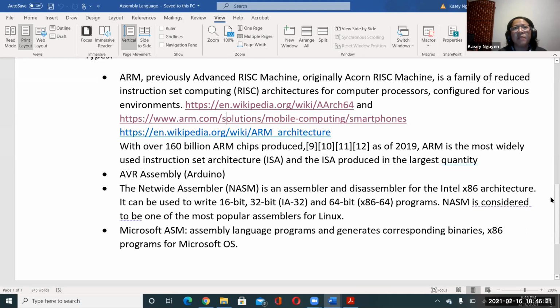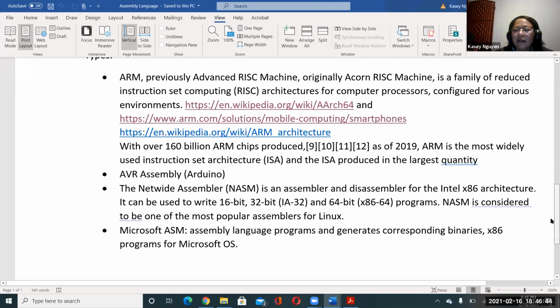There are processes behind it, because instruction sets are different because the chips are designed to understand different instructions. So, okay. And then Microsoft ASM, known as MASM, for 32 and 64-bit. So they scaled it out for 64-bit now for the Windows OS.